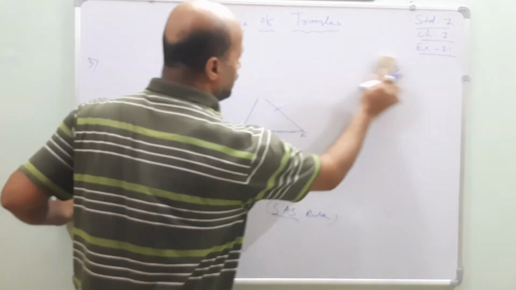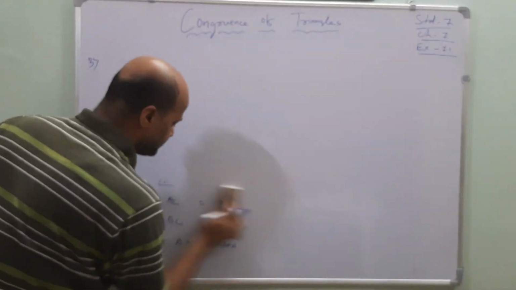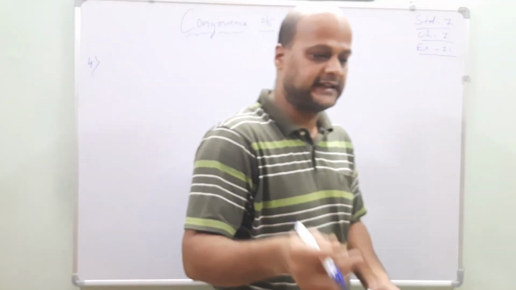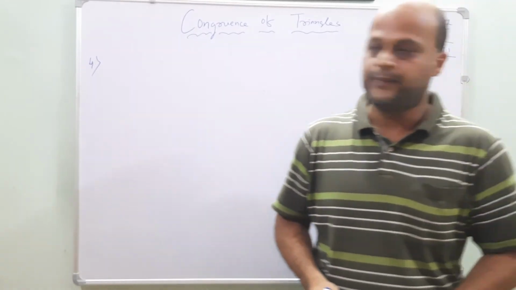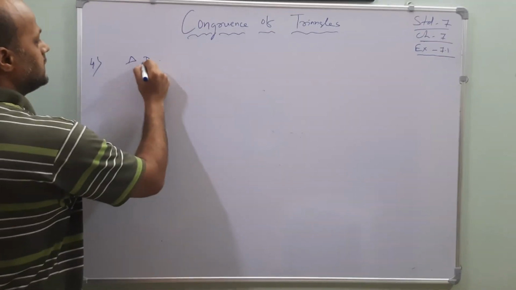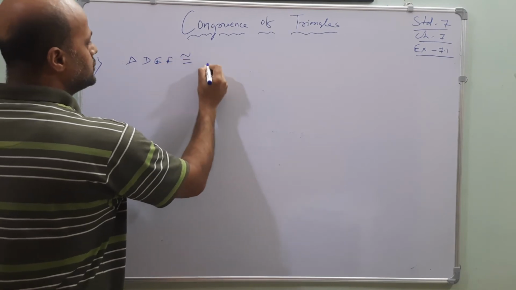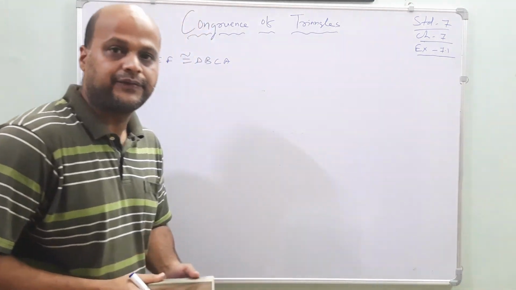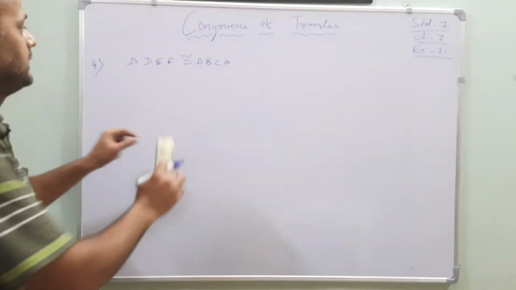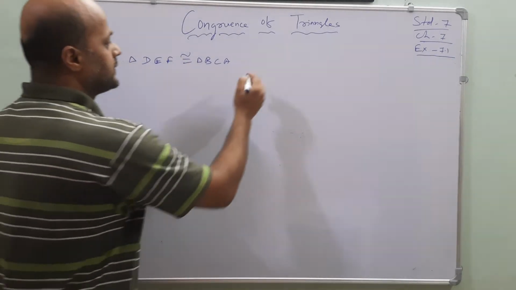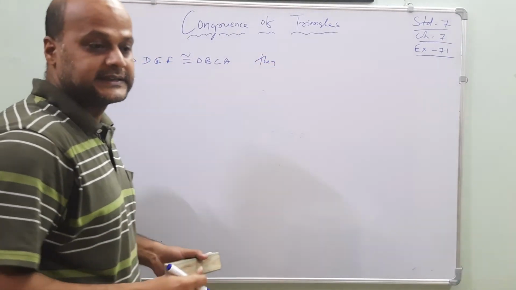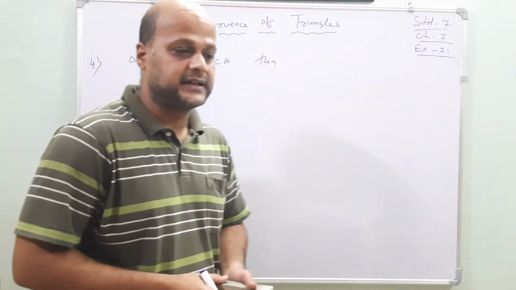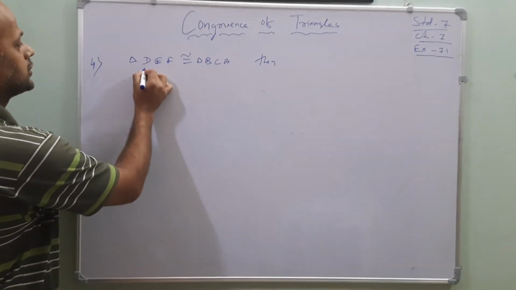Let's go to the fourth one. What is the fourth one saying? It is saying that triangle DEF is congruent to triangle BCA. Then it says to write the parts of triangle ABC that correspond to this triangle.